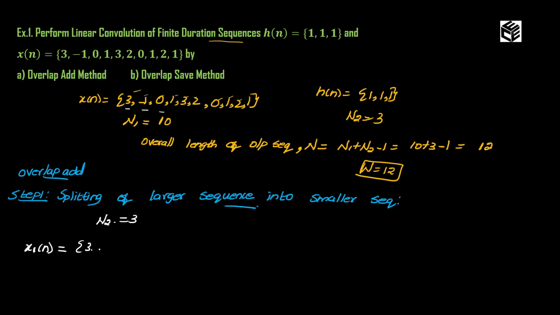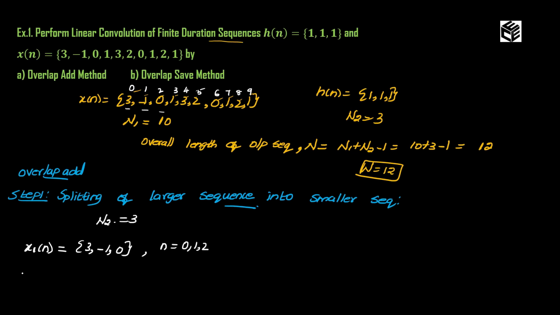The positions are 0, 1, 2, 3, 4, 5, 6, 7, 8 and 9. So x1 of n is 3, minus 1, 0, and n is from 0, 1, 2.